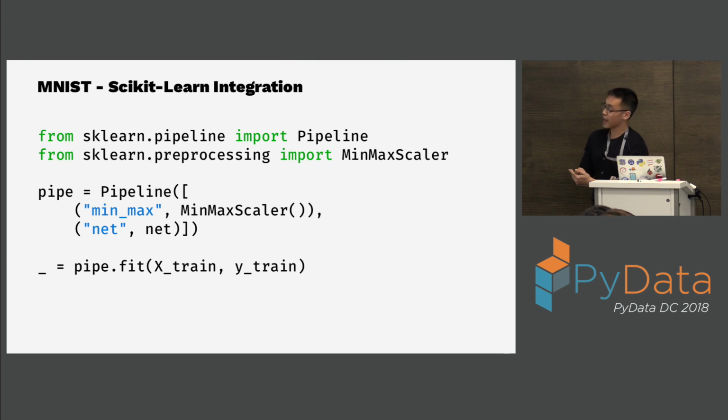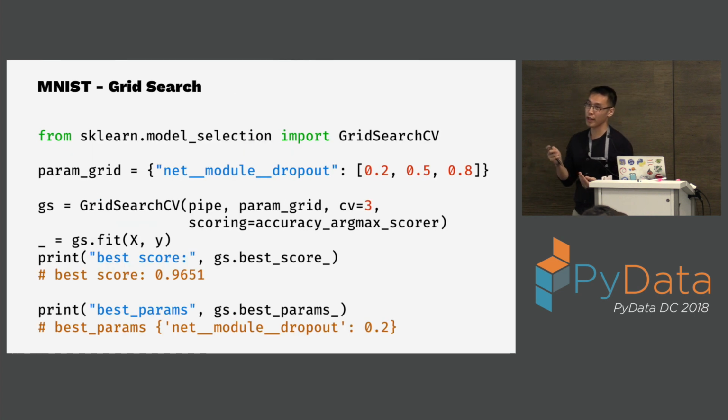Next, since Skorch also supports the set params and get params paradigm in Scikit-learn, you could also grid search over it. Grid searching by calling grid search CV. You can also do random search CV as well. And if you're familiar with this API, the grid search, you could do hyperparameter searching.